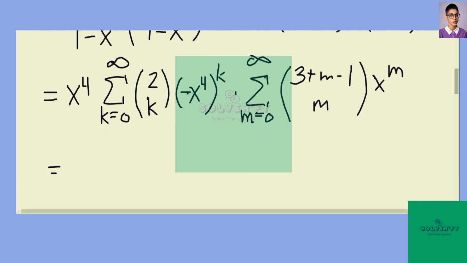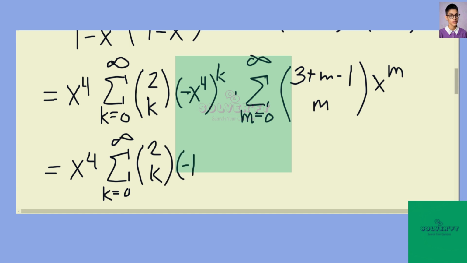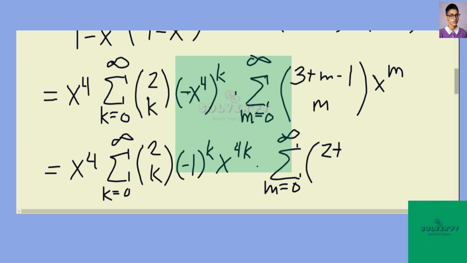And this can be written as x to the fourth times the sum from k equals 0 to infinity of 2 choose k, negative 1 to the k, x to the 4k, times the sum from m equals 0 to infinity of 2 plus m choose m, x to the m.